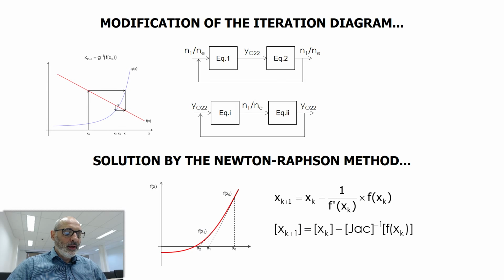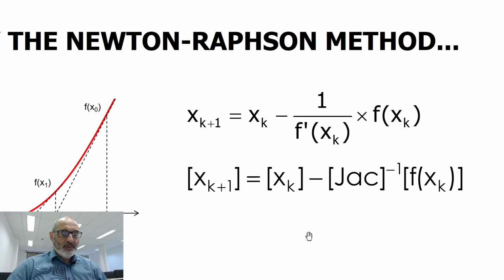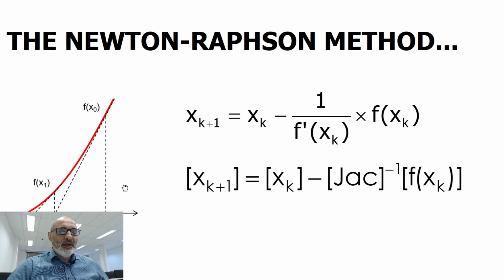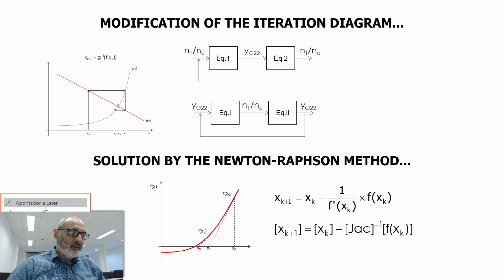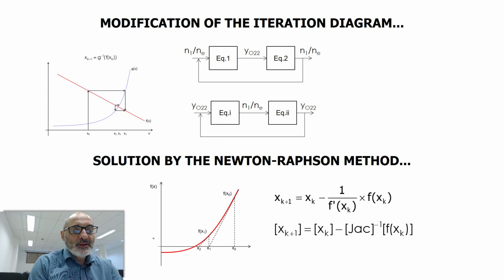When you write the corresponding equations, you get this recursive formula here, for one variable, f(x) equals 0. If you have a set of equations, you have this adaptation of the process. It's also very simple because if you have several variables, what you need to do is to vectorize.